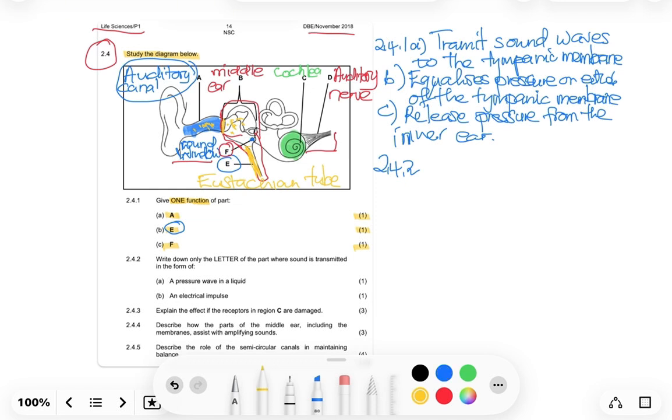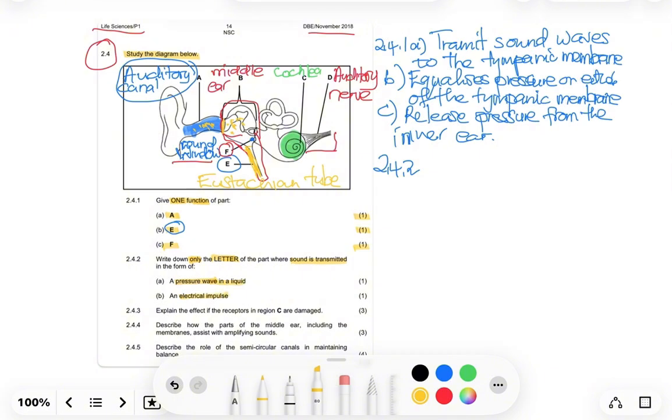All right, so 2.4.2 is also an easy question that is asking you to write down only the letter of the part where sound is transmitted in form of pressure wave or electric impulse.